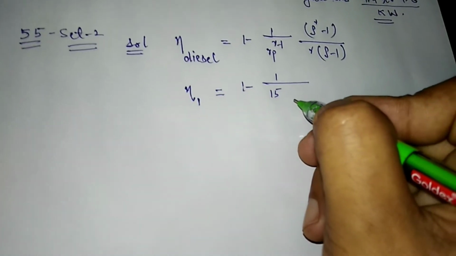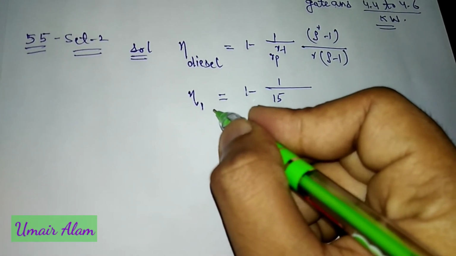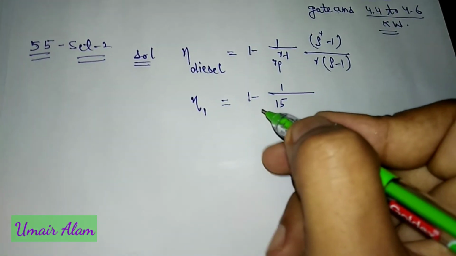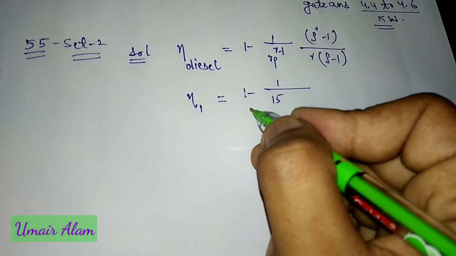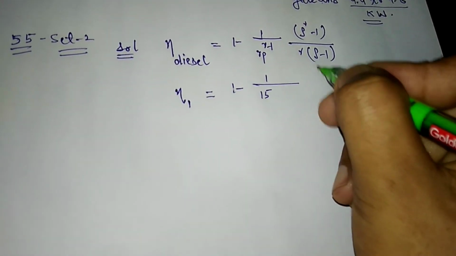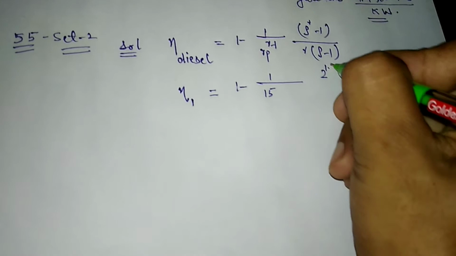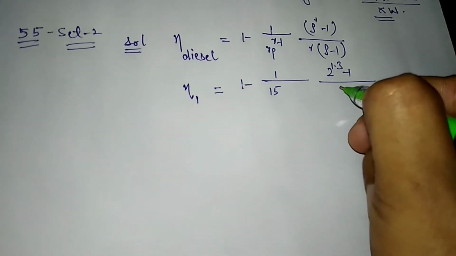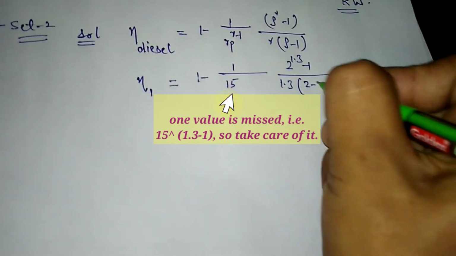We are talking about the first engine, or you can say the old engine. And rho is cutoff ratio, which is 2. Gamma is 1.3, so gamma minus 1, upon 1.3 into 2 minus 1.